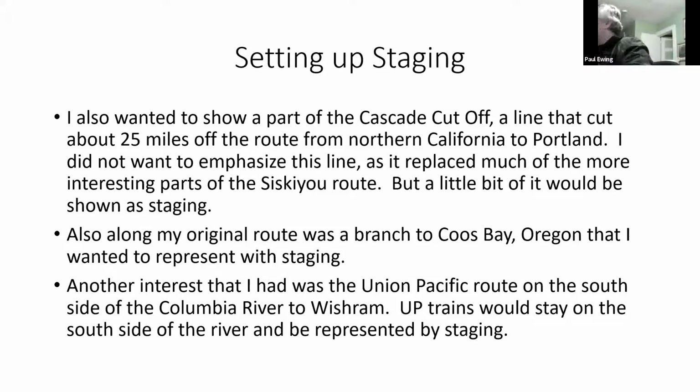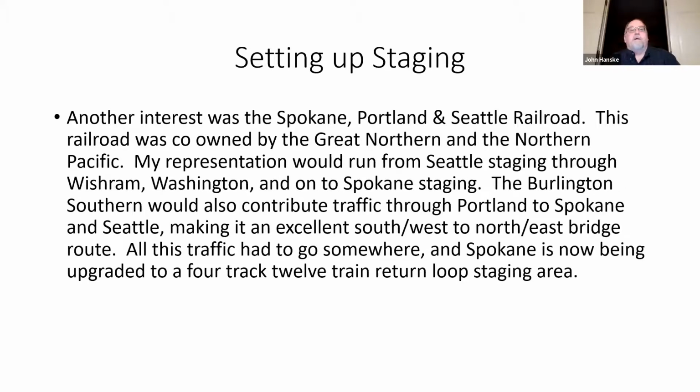Another interest I had was Union Pacific on the south side of the Columbia River. Union Pacific trains stay on the south side and they'll be represented by staging eventually. Another interest was the SP&S. This is co-owned by the Great Northern and Northern Pacific. The Burlington Southern, my railroad, is co-owned by the Great Northern, basically the Burlington Northern, and the Southern Pacific.